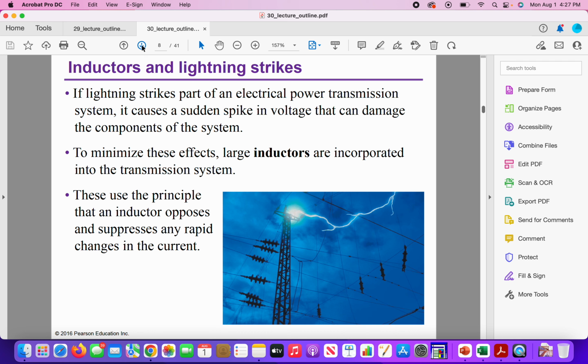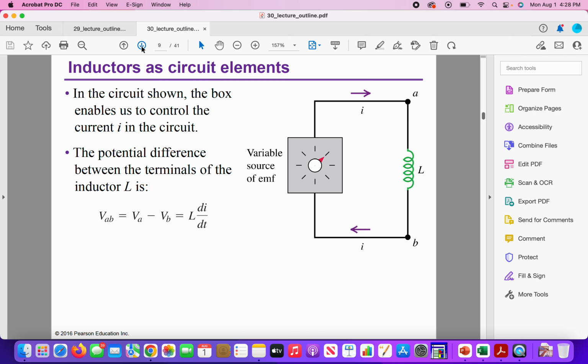Now, inductors and lightning strikes. You can see these near power transmission systems or lines. These are really inductors that are incorporated into the transmission system so that they suppress any rapid changes in the current due to lightning.